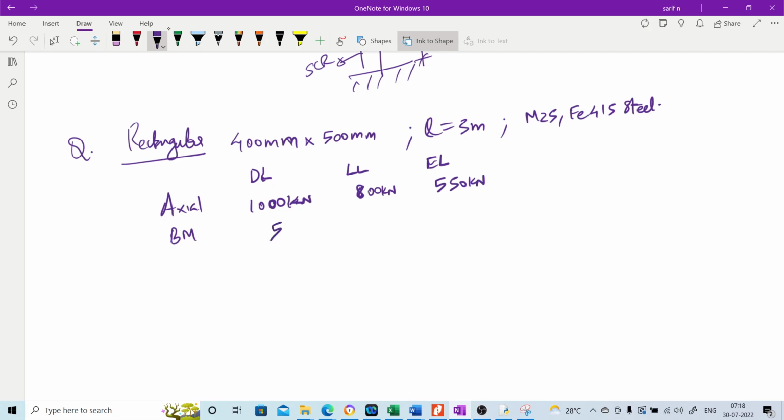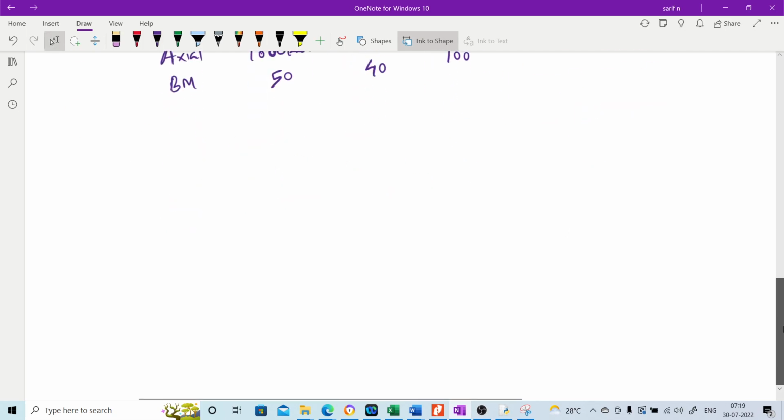With regard to bending moment it is 50 kilonewton meter, 40 kilonewton meter, and in earthquake it is 100 kilonewton meter. And with regard to shear force, let us say the design shear force is 250 kilonewton.